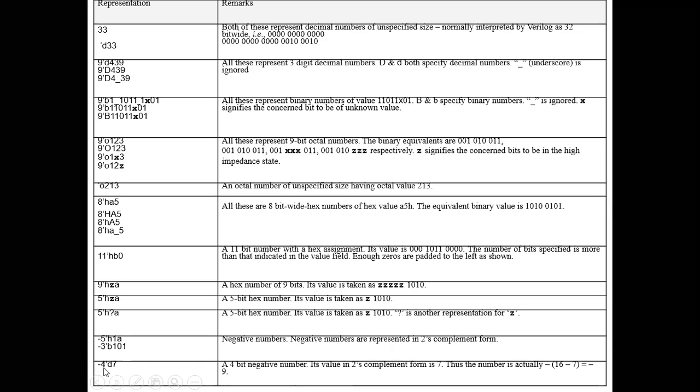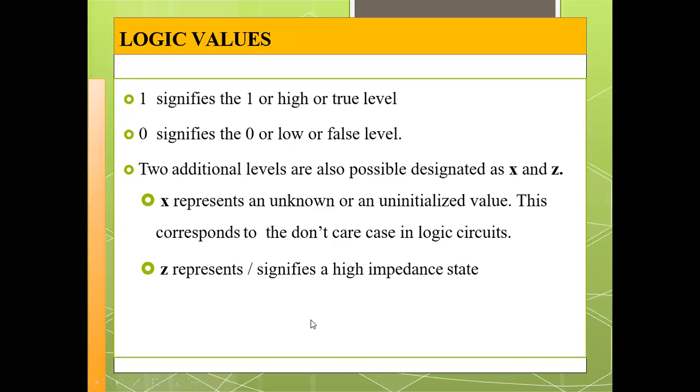And here it is a negative number which is using 4 digits, sorry, indicating 4 bits. And how it is written, you can see there. You know how to convert some decimal number, some negative number, into the correct format.